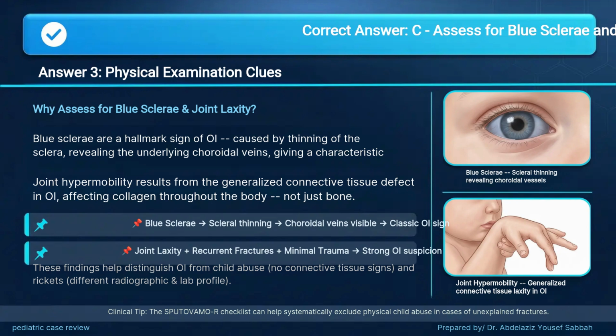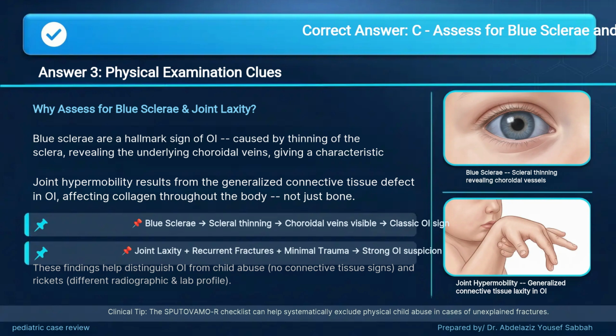In this infant with unexplained fractures, blue sclerae and joint hypermobility are the key physical examination findings that point toward osteogenesis imperfecta rather than child abuse. Blue sclerae result from thinning of the sclera, revealing the underlying choroidal veins and giving a characteristic blue-gray hue.